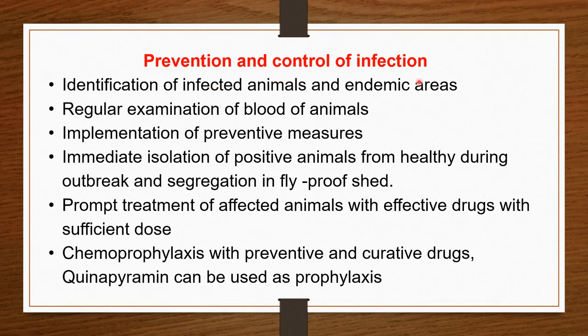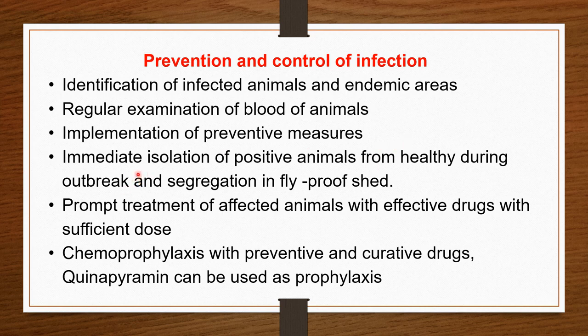Prevention and control of infection: first, there is identification of infected animals and identification of endemic areas. For that, there must be regular examination of the blood of animals and immediate implementation of preventive measures.